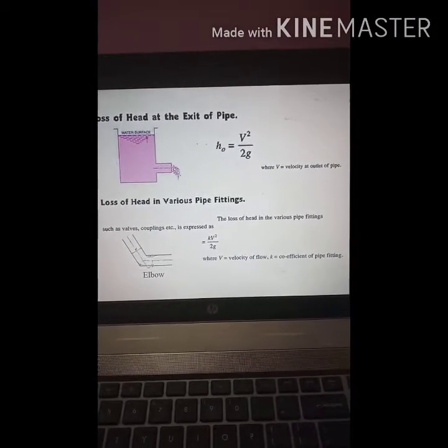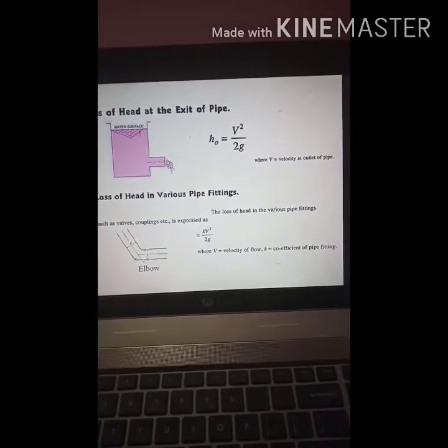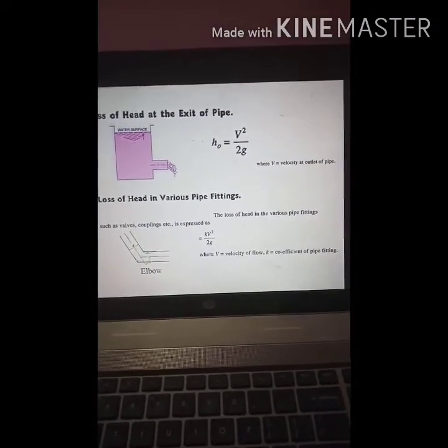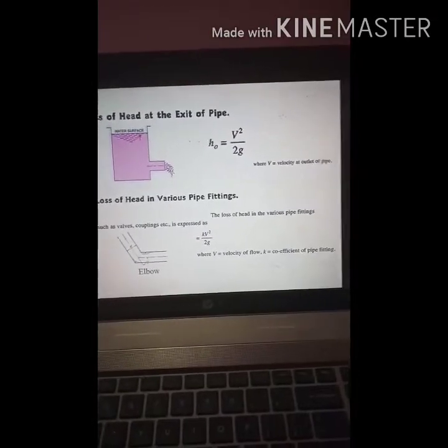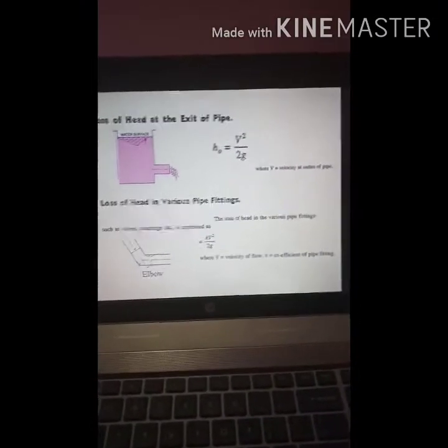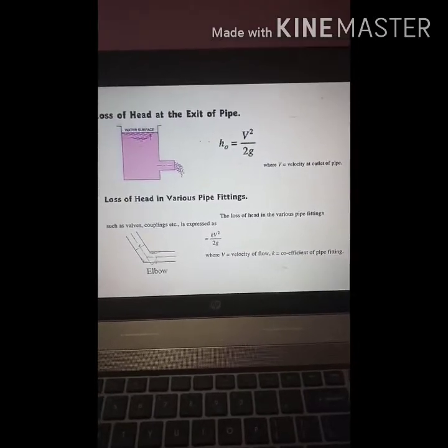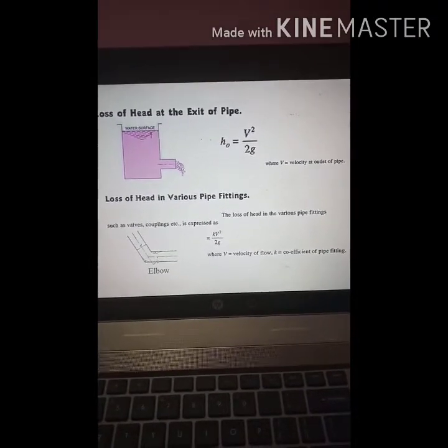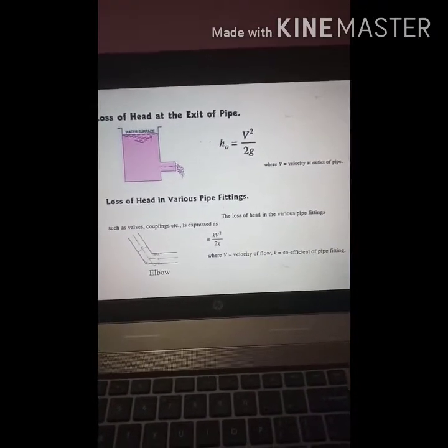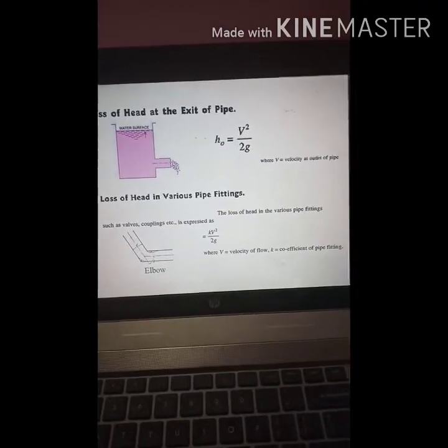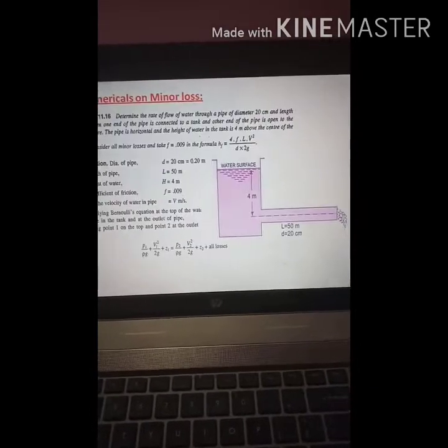In many cases it is taken as 0.25 to 0.3 depending upon the angle of the elbow or the type of the pipe fitting. Generally in case of a bend it is taken as 0.25 V square by 2g. So the value of K is also given for this.